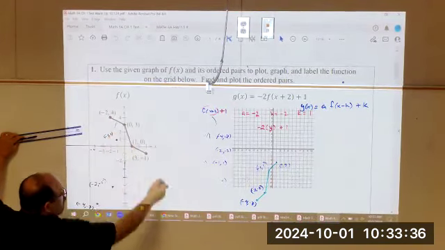We're going to do 41. Actually, that's a lecture on composition of functions, or composite functions.